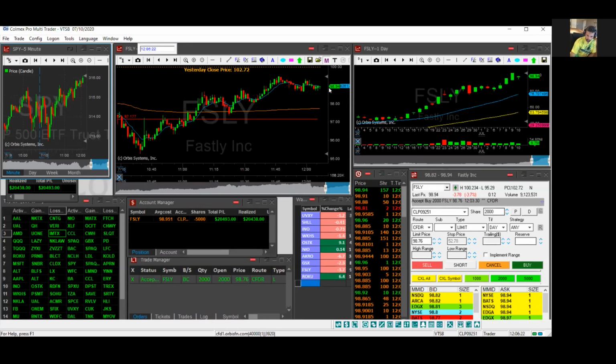If it doesn't, then it's a good sign that it wants to reverse. SPY actually struggling to hold this breakout.